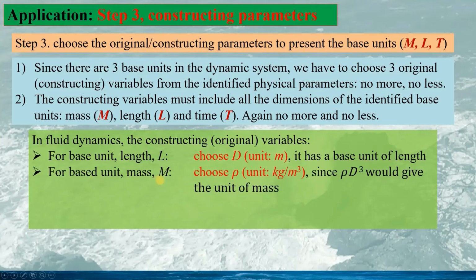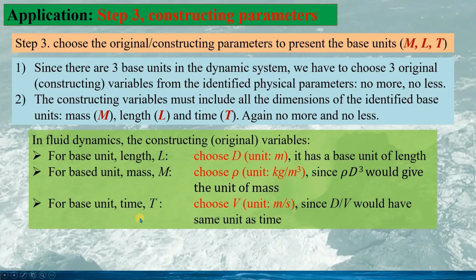And for the base unit mass, we can choose fluid density, unit kg per meter cubed. Why do we choose this? That's because we can construct rho D cubed. Here, D is already chosen. It would give the unit of mass. So that's why we can choose the density to represent the base unit of mass.